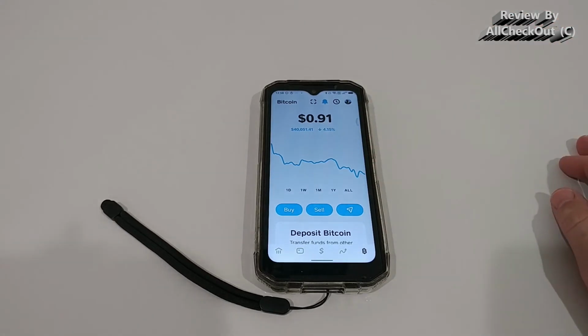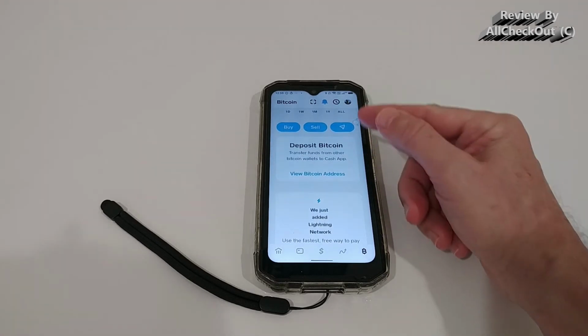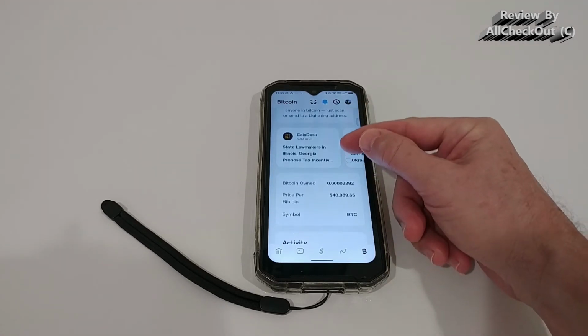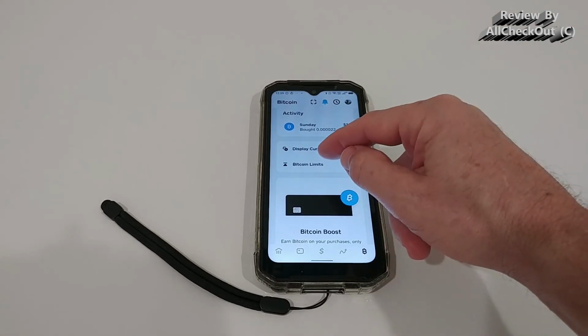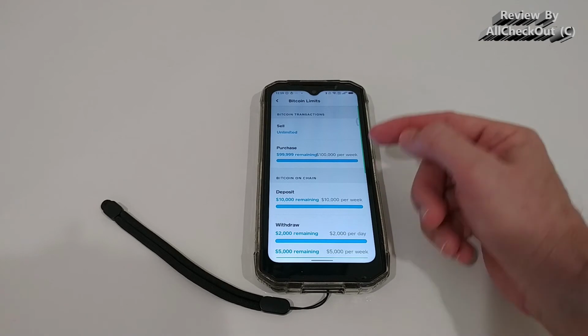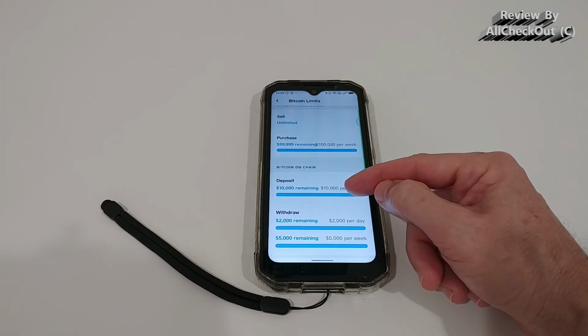By the way, if you think you can receive or send large amounts of Bitcoin for a very cheap commission because they implemented Lightning Network, that's not going to work, because I think Lightning has quite some limitations, and also here we have quite some limitations. We have a lot of information here. When you're going down, you can see a lot of things, and you can see also the Bitcoin limits, and you can see how much you have.